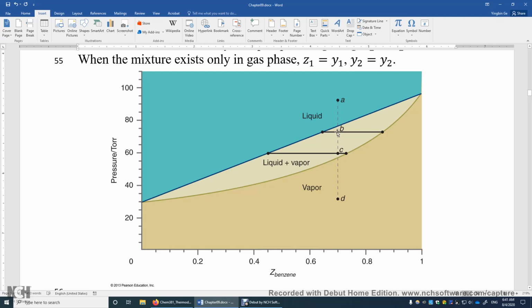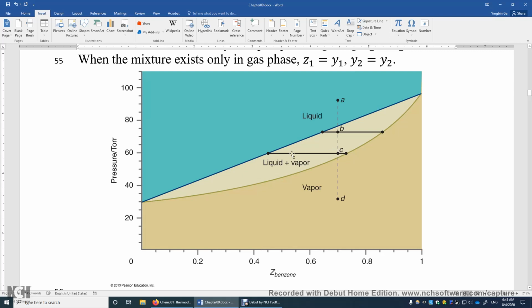And then you keep lowering the external pressure. Now this C is closer to the vapor phase. Now you actually have more vapor than liquid. Later you will see this segment gives you the number of moles of vapor, and this gives you the number of moles of liquid. So the ratio between them is the number of moles of vapor versus liquid.